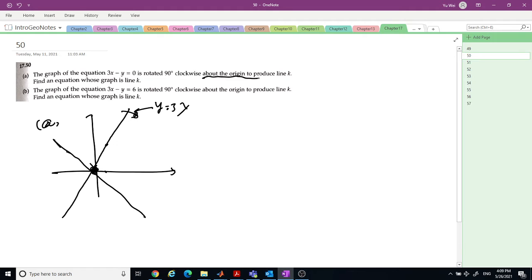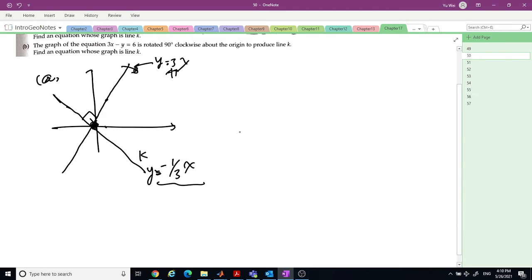You can see the slope is 3, so the slope of the rotated line is negative 1/3. So it's y equals negative 1/3 x.